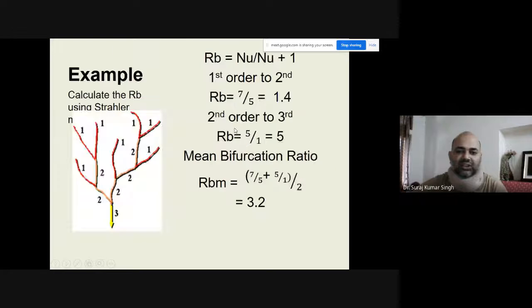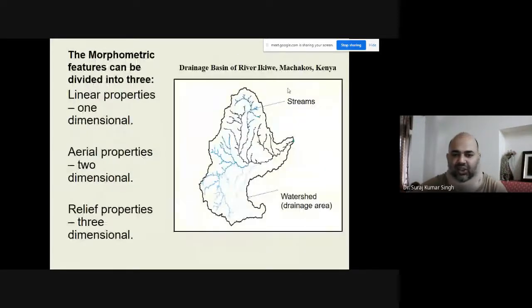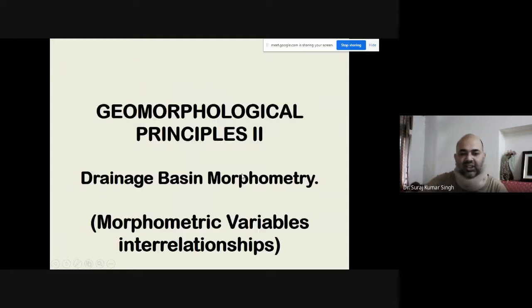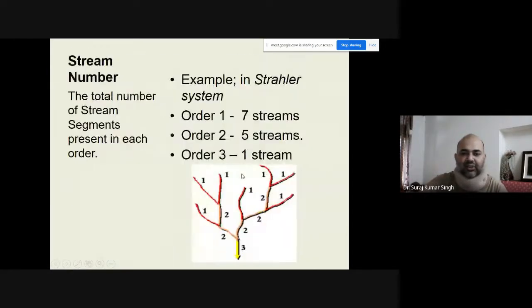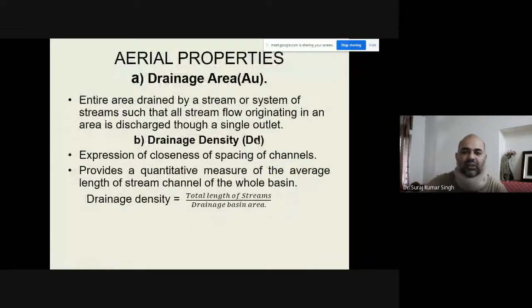I'll go again to this figure. This is the outer boundary that we have created. So this is what we are trying to calculate in aerial. This is the area that has to be delineated, and this is known as drainage area. Okay, got it? So we'll be calculating the drainage area first, then we'll be calculating the drainage density.